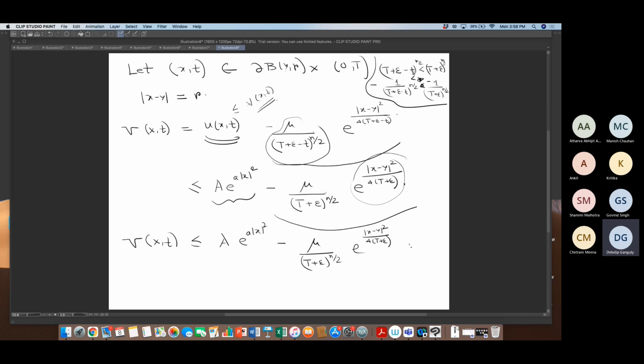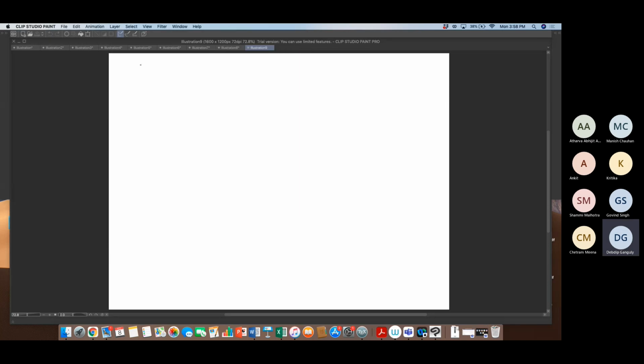Now we haven't used the fact that |x minus y| is equal to r. Now we have to use that x is on the boundary of the ball, right? So what is |x|? The triangle inequality says that I can write x as (x minus y) plus y. This is less than |x minus y| plus |y|, which is r plus |y|.